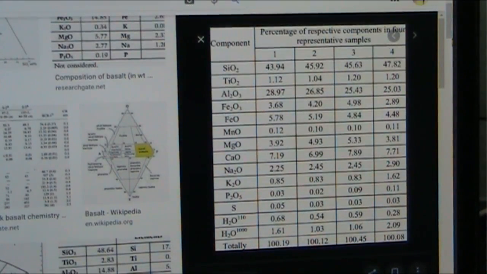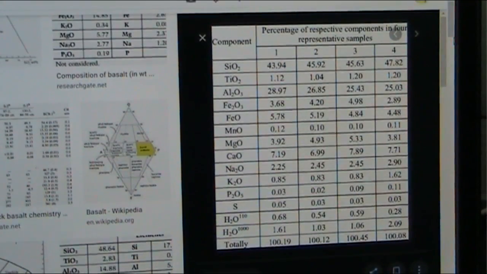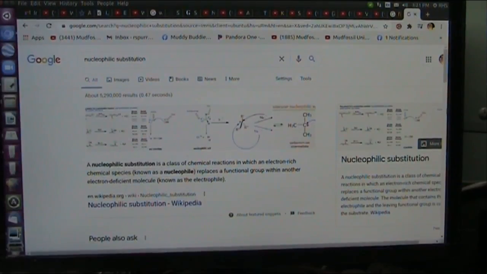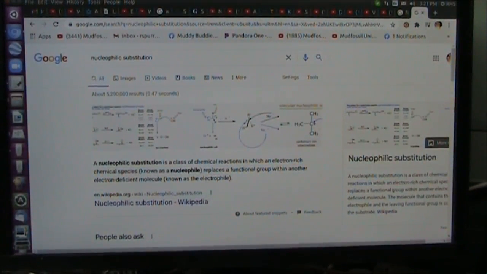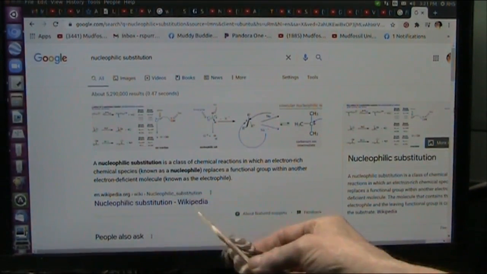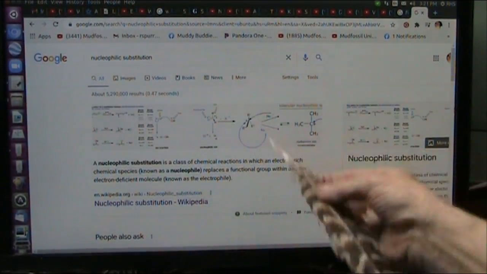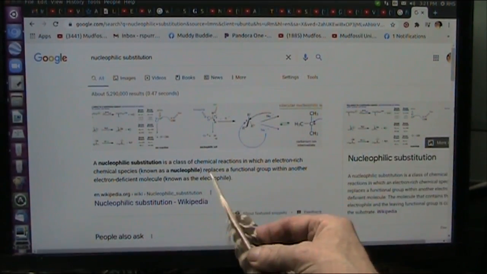Now let's talk about the invasive process, nucleophilic substitution. Okay, now this is not hard to understand at all because I understand the chemistry, and you will in a minute. You look at this word, nucleophilic substitution, a nucleophile, this electrophile, and all this business. Well, very, very simple.